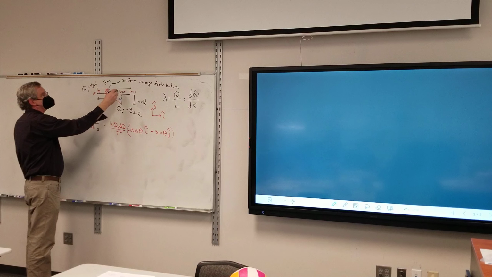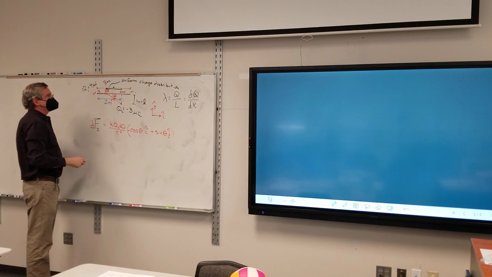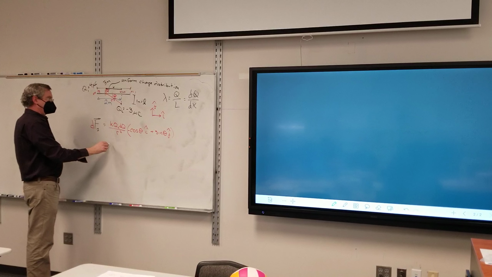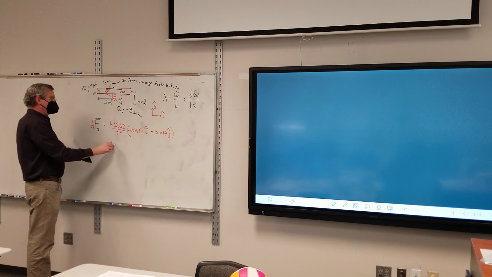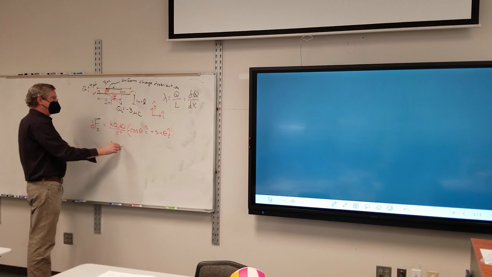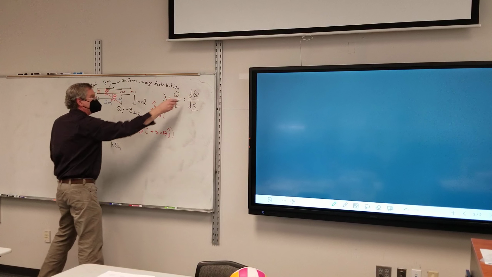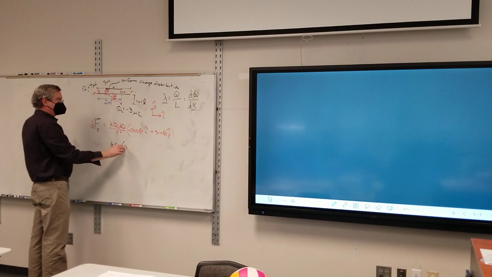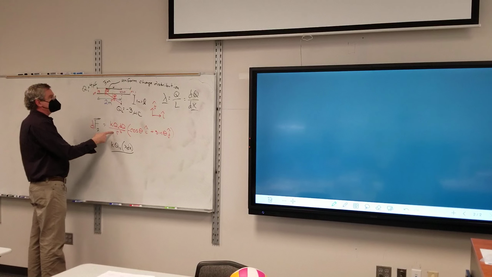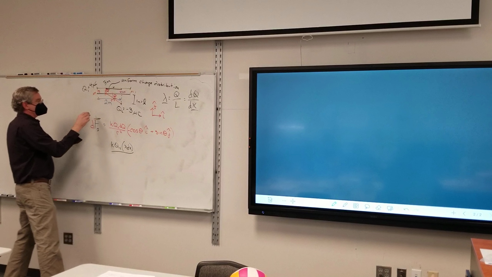I'm finding x like that, so this distance right here is some value of x. All right, so we have k, q2, dq. We've got this relationship right here is lambda dx over r squared.